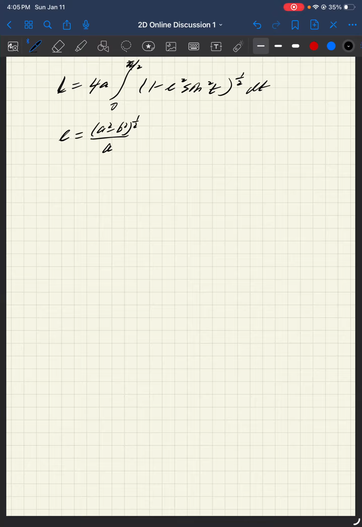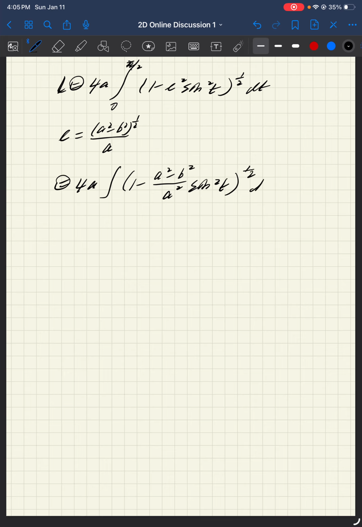This is what we're given. Then I obtain that this is equal to 4a times the integral of the square root of 1 minus (a squared minus b squared) over a squared, times sine squared t, dt.